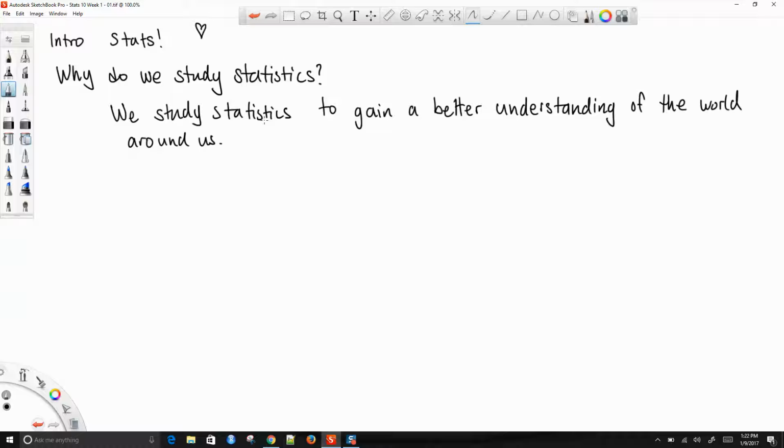You study history to gain a better understanding of the world. You study chemistry or physics or whatever it might be. Even literature. You're trying to understand something about the world, whether it be people or things in science. So specifically, statistics allows us to make conclusions from limited data.